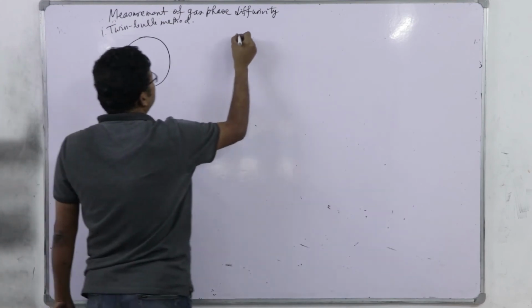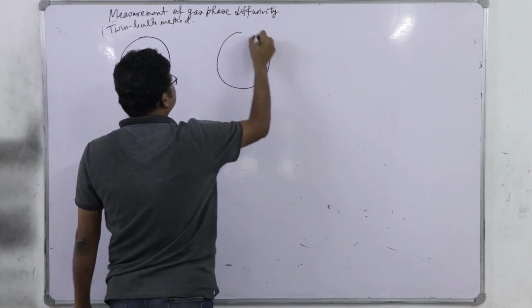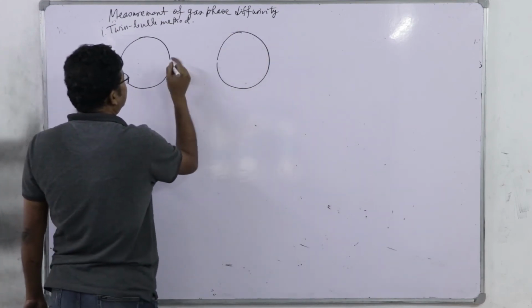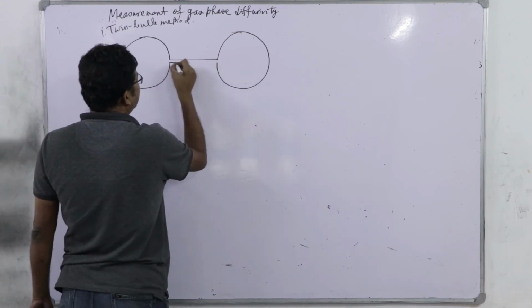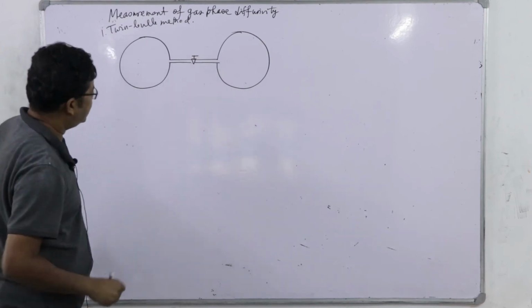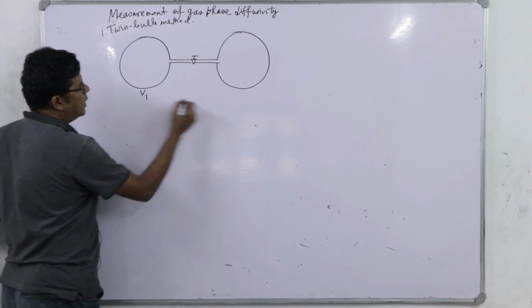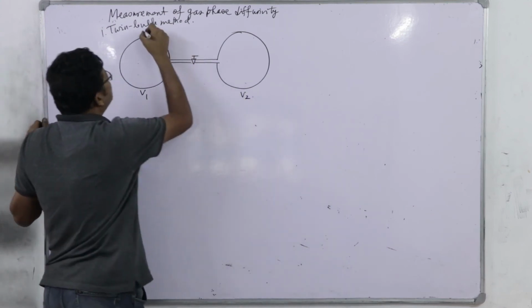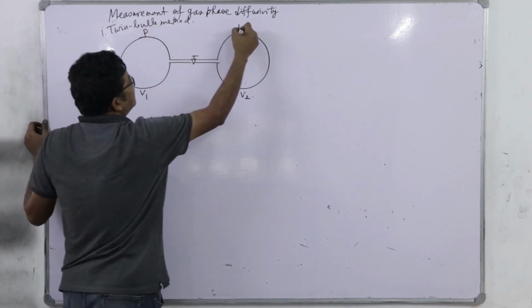We have two large glass bulbs which are connected by means of a capillary with a valve here, right. This has a volume V1, this volume is V2, so the pressure everywhere is the same.